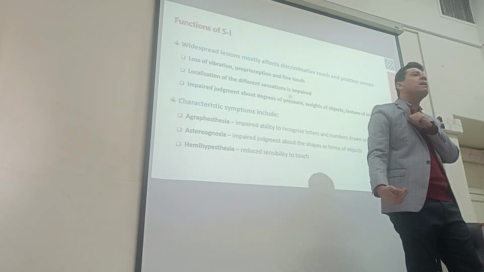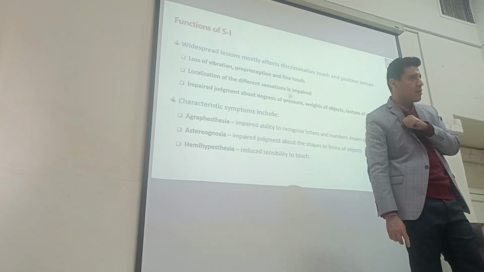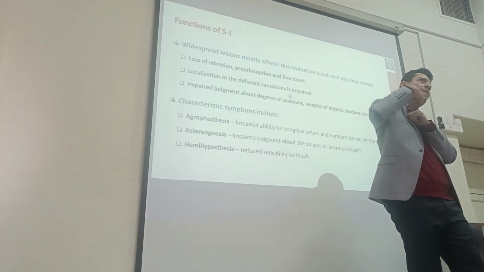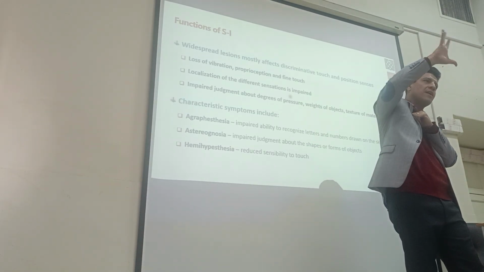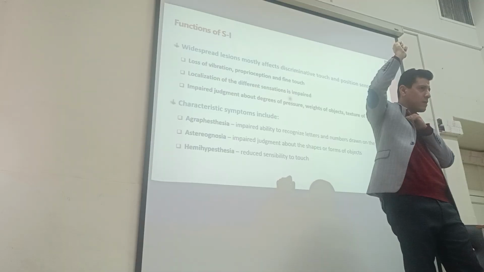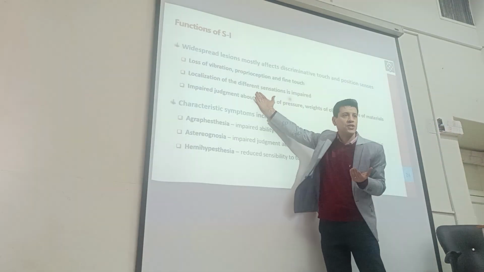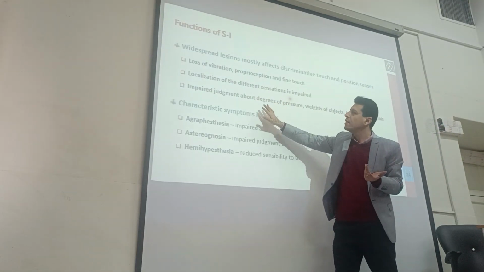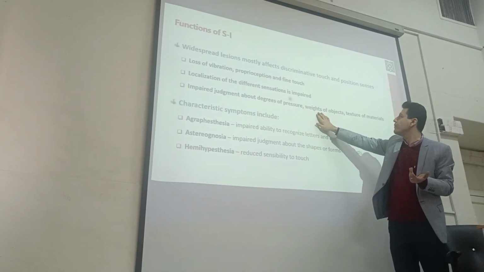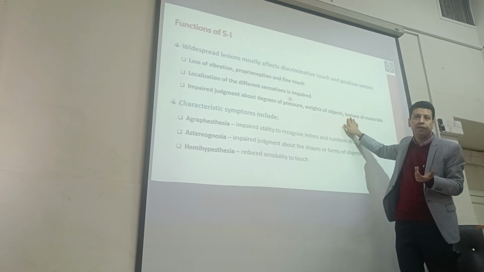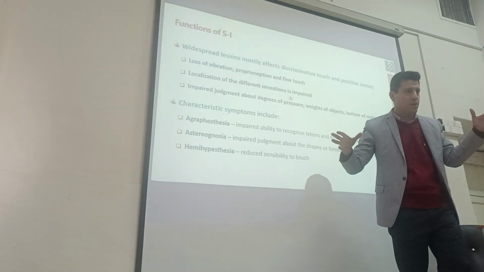So maybe we have touch in the body, signals go to the brain, but there is no target for these fibers. So the final area is removed, right? So we don't know the localization of the touch. What else? Judgment about the degree of pressure, weights of objects, and texture of the materials are all lost.